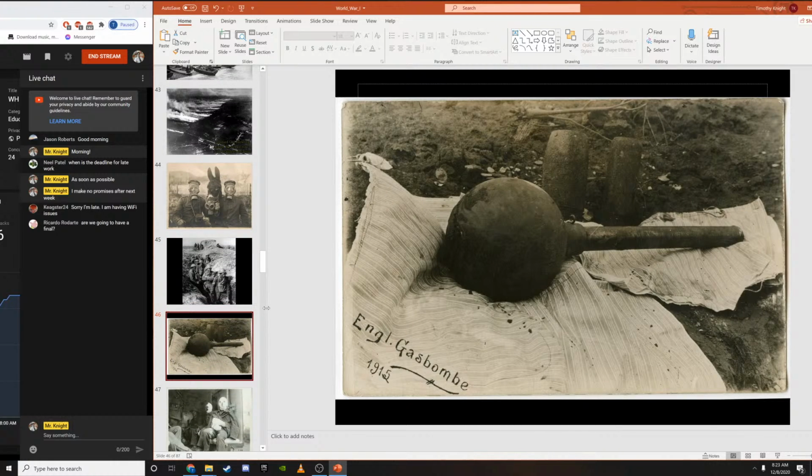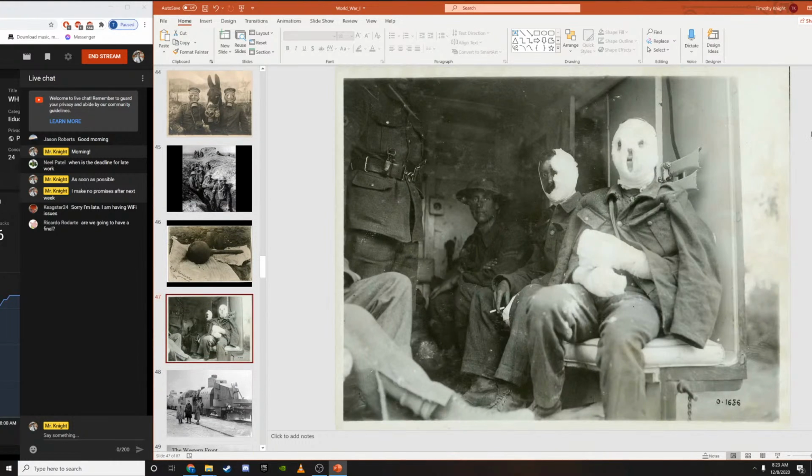This is a bomb that did not go off, but as you can see, the bomb had a handle on it and you would throw it. They would use these gas bombs and it would release poison gas. And here's the effects of somebody who experienced the gas firsthand. It would burn the skin and leave people pretty crippled.